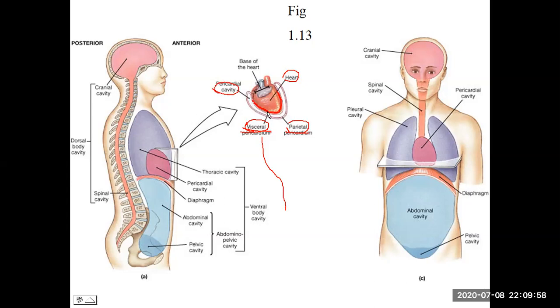So here we see the space of the cavity, and bordering the cavity, that's the parietal portion of that serous membrane. But you do notice the two layers, parietal and visceral, it's one continuous structure.